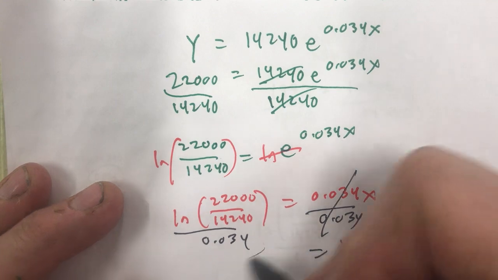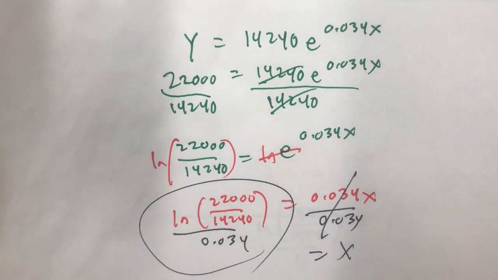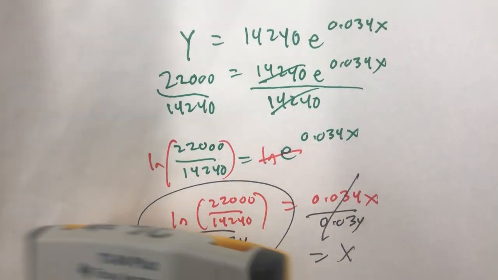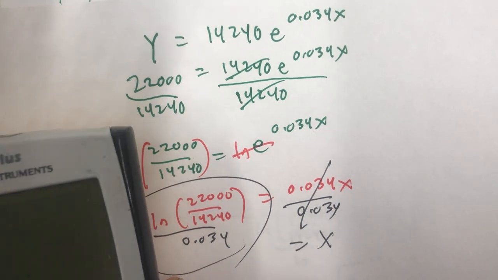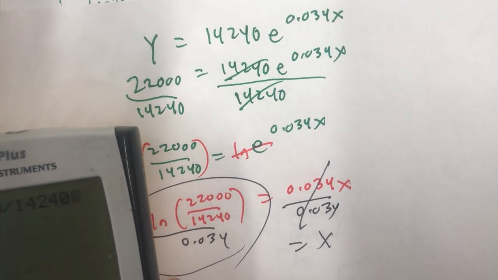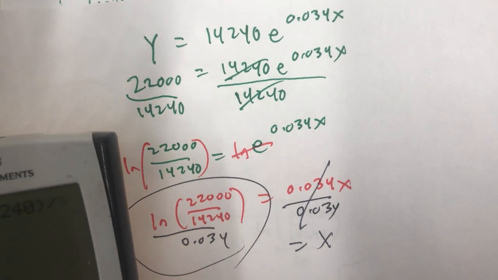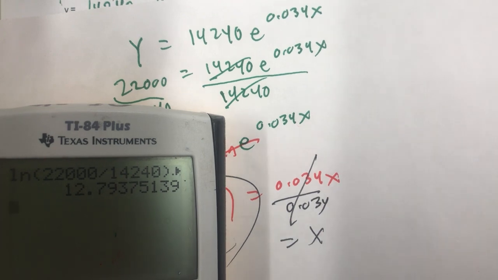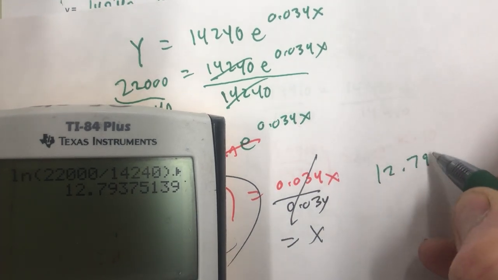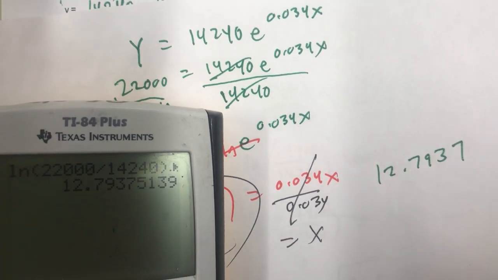And x equals that right there. So typing this in, natural log 22,000 divided by 14,240, close it up, and divide again by 0.034. I get 12.7937.